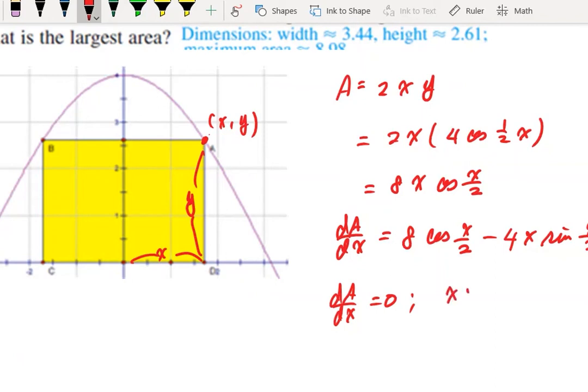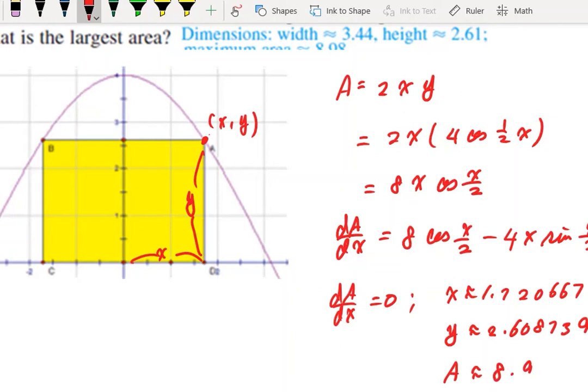So my x should be 1 point, wait, let me copy it from the note. 1.720667, and then y that goes with it, of course, is 2.608739, and the maximum area is, you notice that I'm putting 6 decimal places. This becomes your max. How about that? Good.